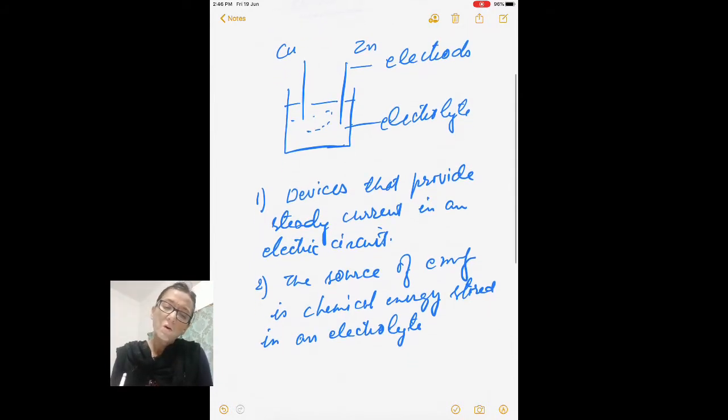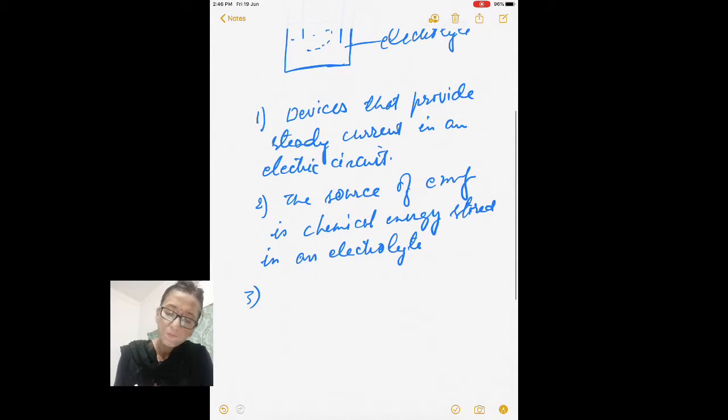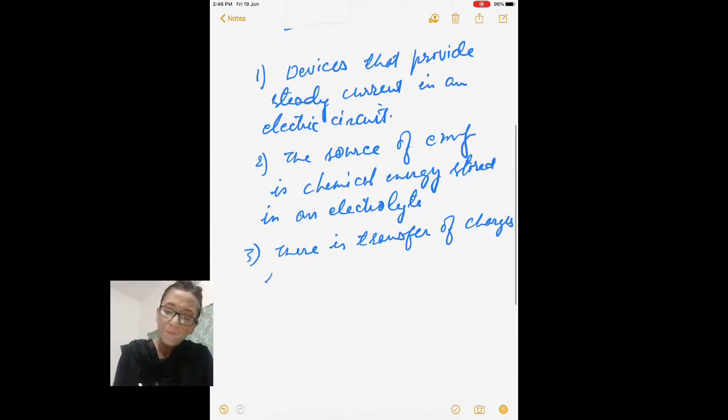So, in these devices, there is transfer of charges between electrodes and electrolyte.